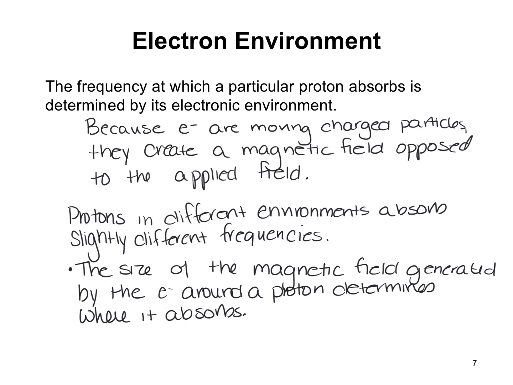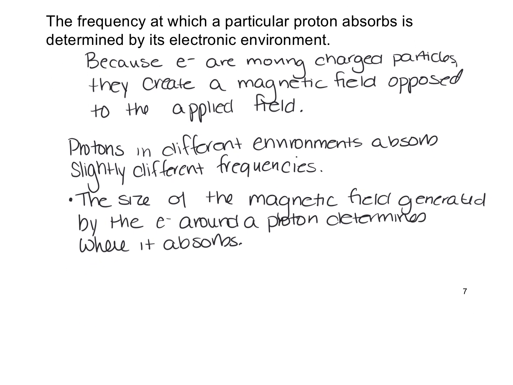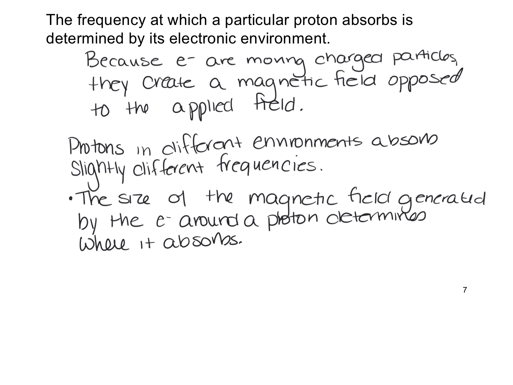Modern NMR spectrometers use a constant magnetic field strength, and then a narrow range of frequencies are applied to achieve the resonance of all the protons, and so that's what separates the peaks out. Now, only nuclei that contain odd mass numbers or odd atomic numbers will give NMR signals.